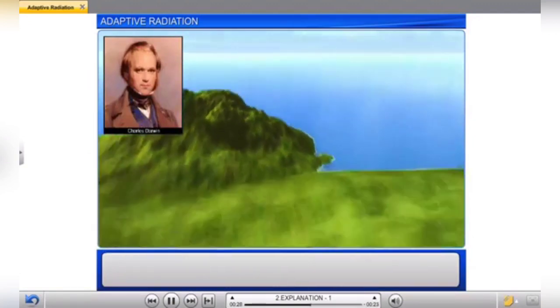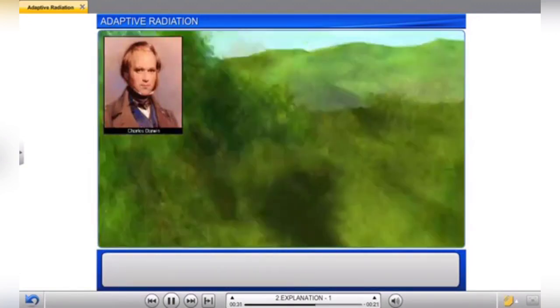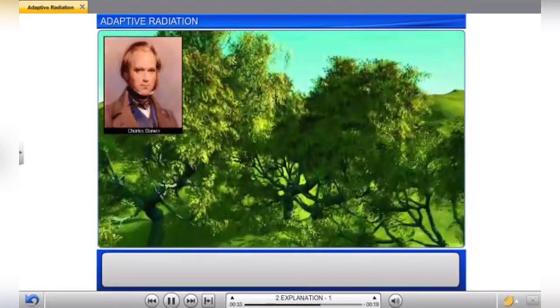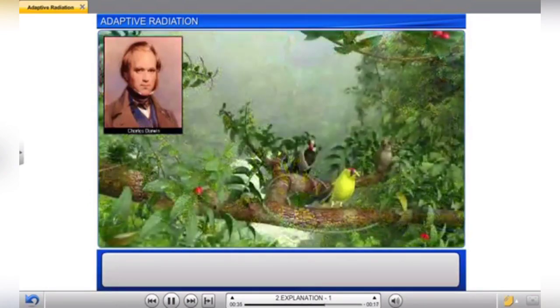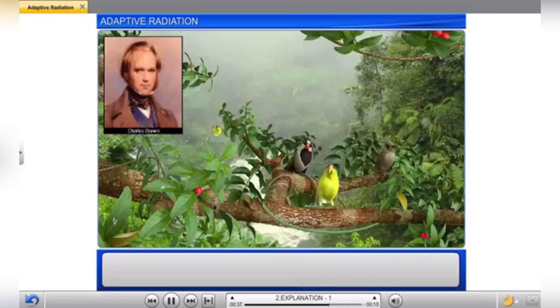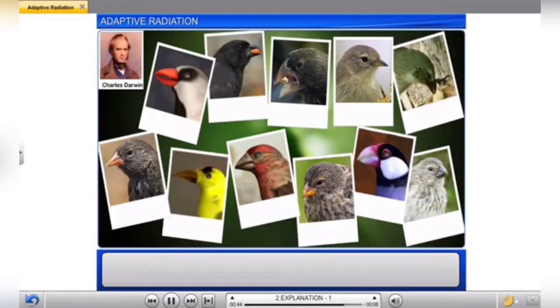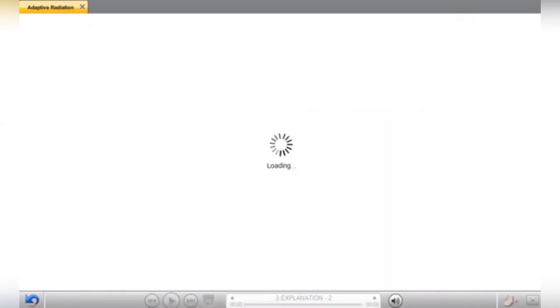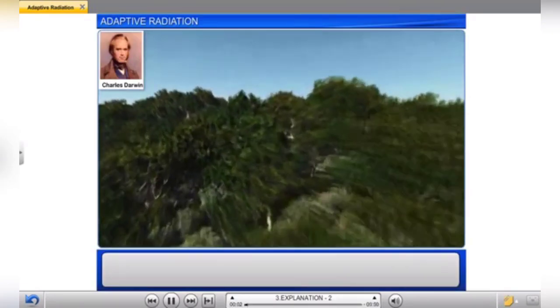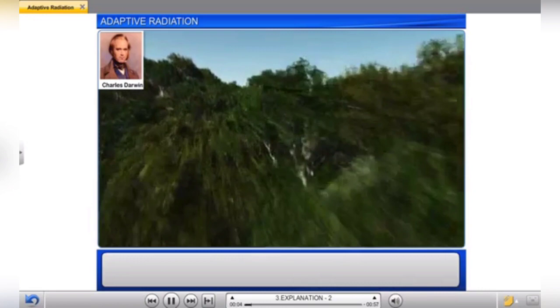The Galapagos is an archipelago of volcanic islands with varied wildlife. What amazed Darwin most was the extensive variety of finches on these islands. These species differed from each other in the shape of their beaks and their overall size. Darwin observed that all these species had evolved on these islands.